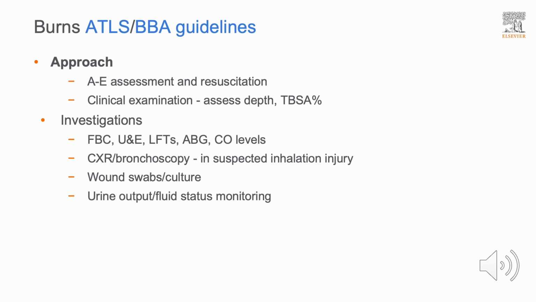Chest X-ray or bronchoscopy is indicated in suspected inhalation injuries to assess the extent of lung parenchyma damage. Wound swabs and cultures may be appropriate if there is concern for infected appearances of burns, and close urine output and fluid status monitoring is essential, particularly in severe systemic burns.